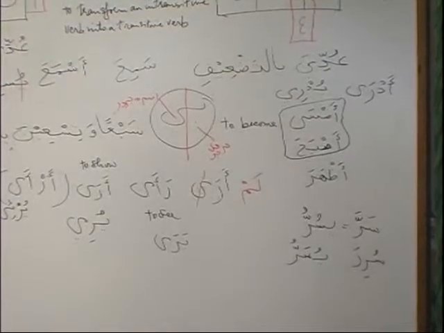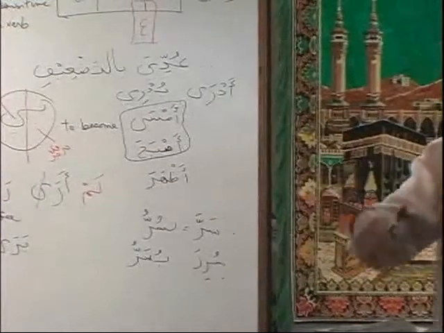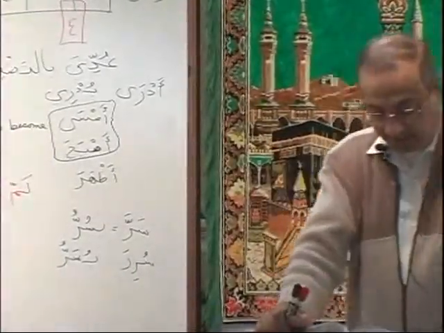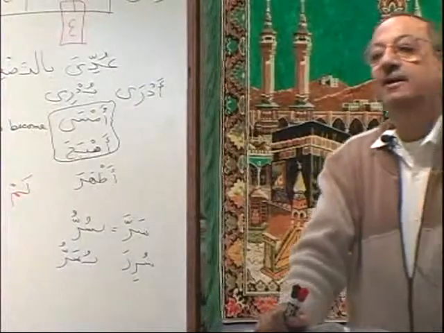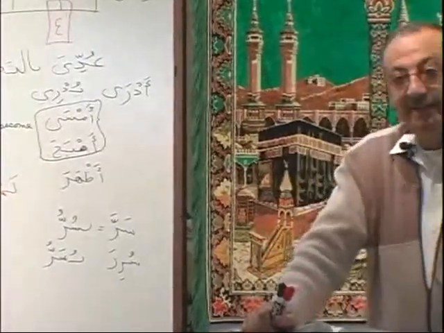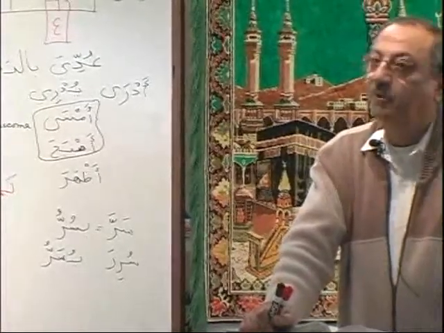وَمَا أَدْرَاكَ. See how the ya changed into alif because you attached a pronoun to it. وَمَا أَدْرَاكَ. And what will inform you that he is lying? And what will inform you?